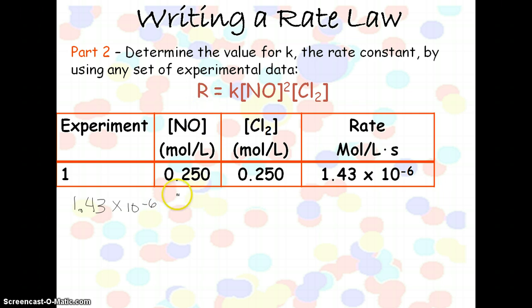So we're plugging that in for R equals K, which we don't know, times the concentration of NO, which was 0.25, and we found that that was second order, so it gets raised to the power of 2. And then we know that the Cl2 concentration is 0.25, and it just gets raised to the 1. Okay, so now we're going to plug and chug and do this math real quick.